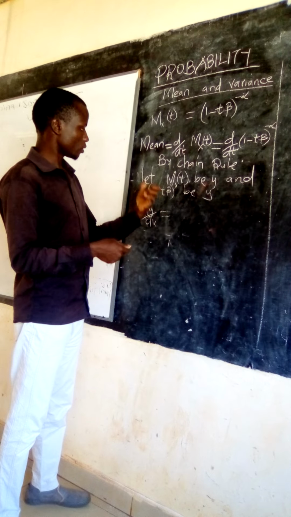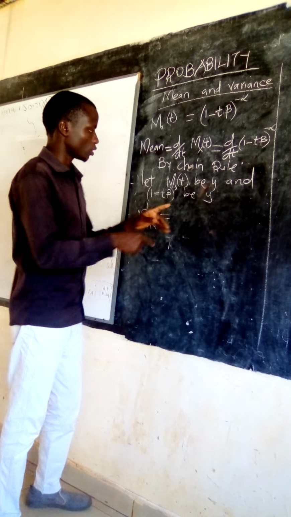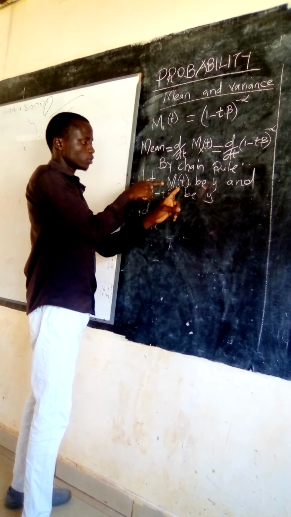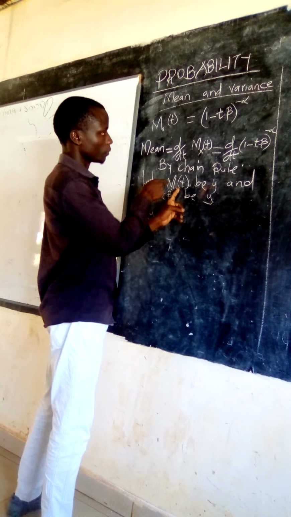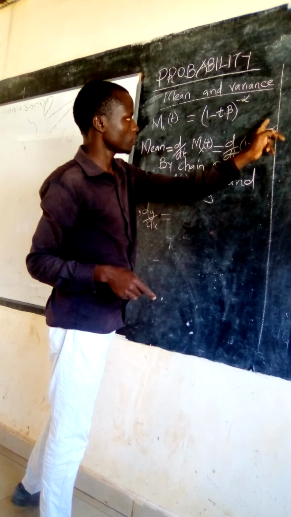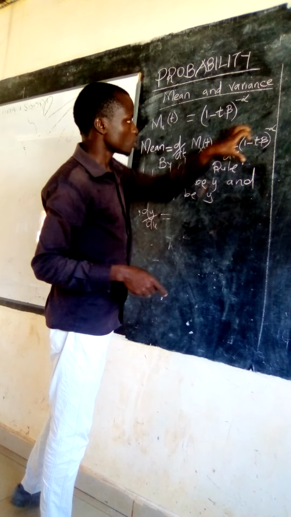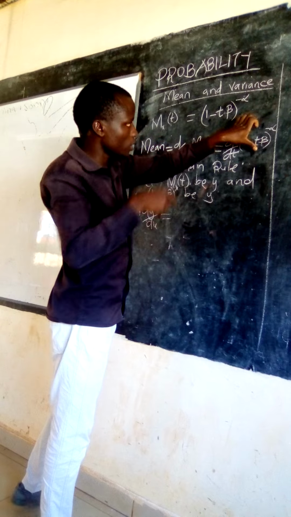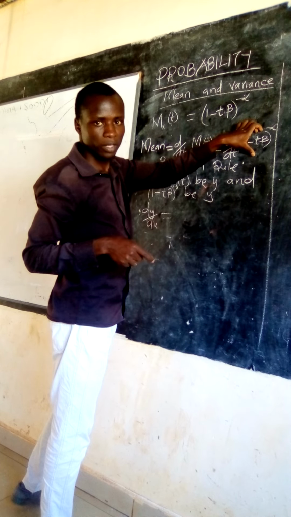Remember, from what I've written here, y is the function of M(t). And what is the function of M(t)? It is (1 minus t beta) raised to negative alpha. So the whole of this is the function of M(t).